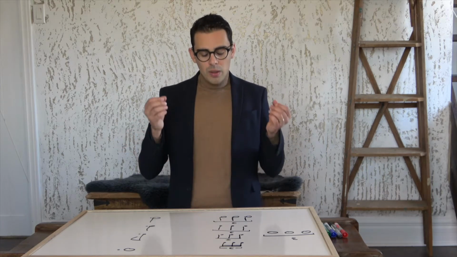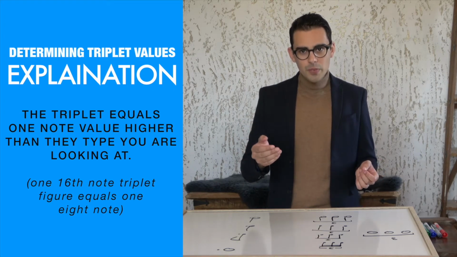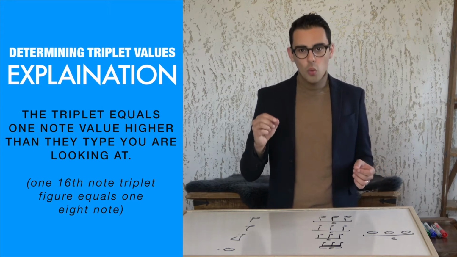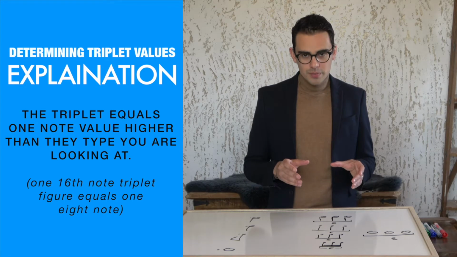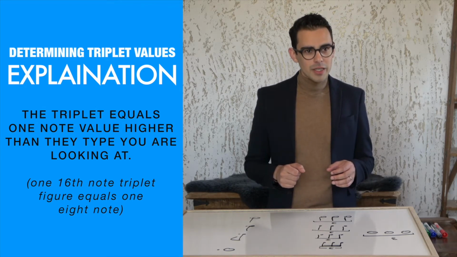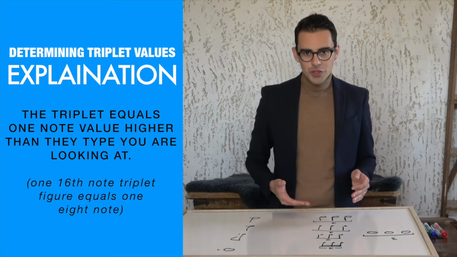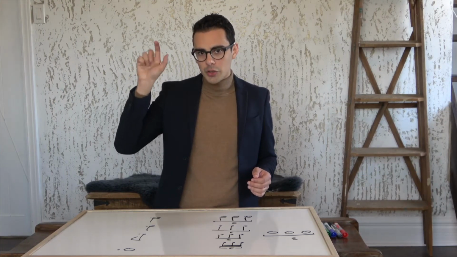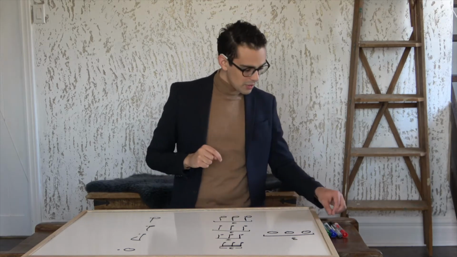The note value the triplet is equal to is one note value higher than what the triplet is built out of. How do I say that in an easier manner? Whatever triplet you're looking at, the note value of which it's constructed, all you have to do is go up one note value higher and choose one of those, and that's what it is equal to. It will make more sense when I show it to you on the board.